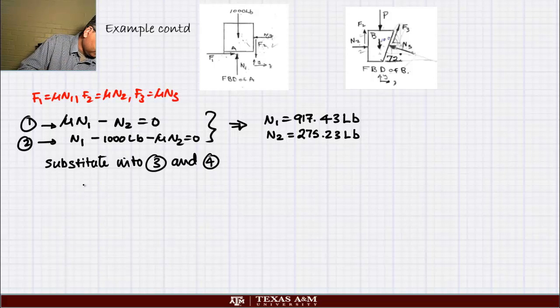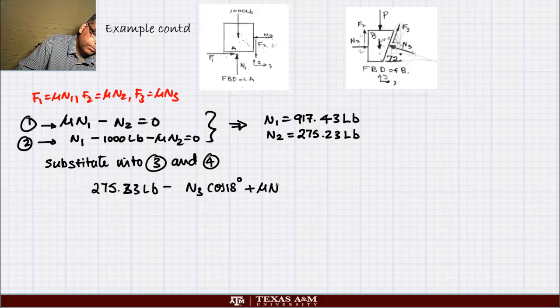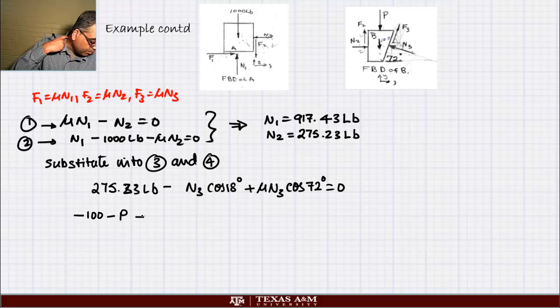So I will get 275.23 pounds minus N3 cos 18 degrees plus mu N3 cos 72 degrees equal to 0, minus 1000 minus P plus 0.3 times 275.23 pounds.